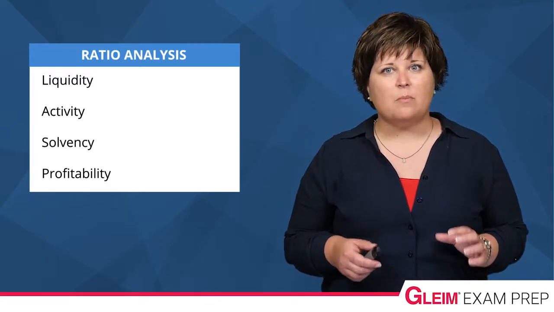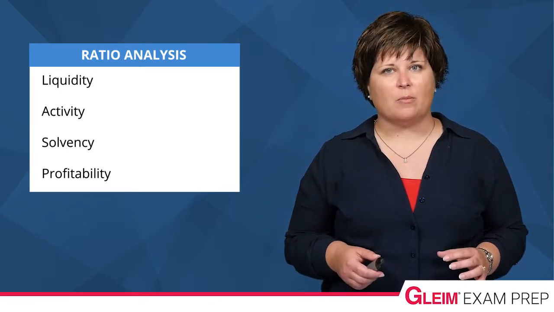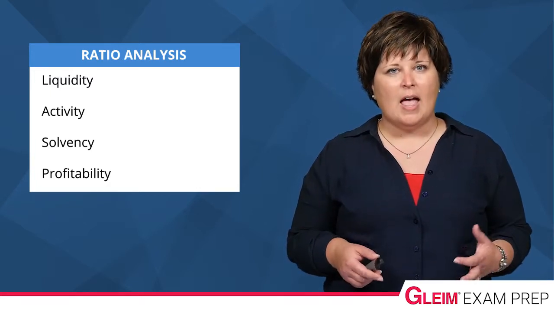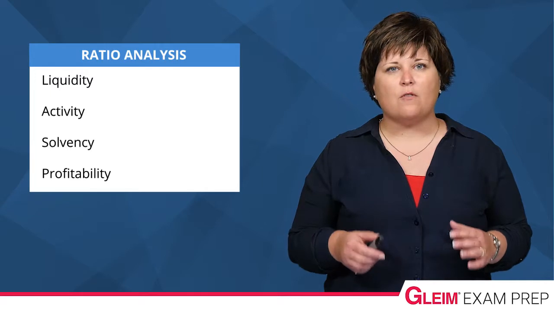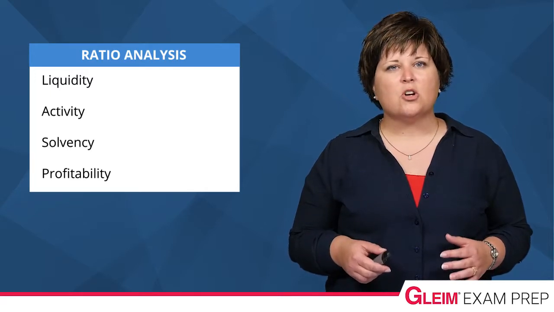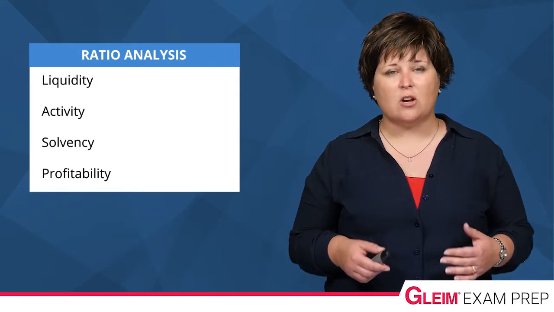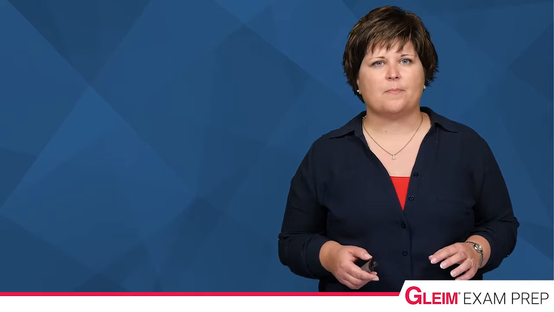Solvency is a firm's ability to pay its non-current obligations as they come due and remain in business in the long run. And lastly, we will cover profitability ratios, which measure how effectively the firm is using its resource base to generate a return. We're going to begin with liquidity.